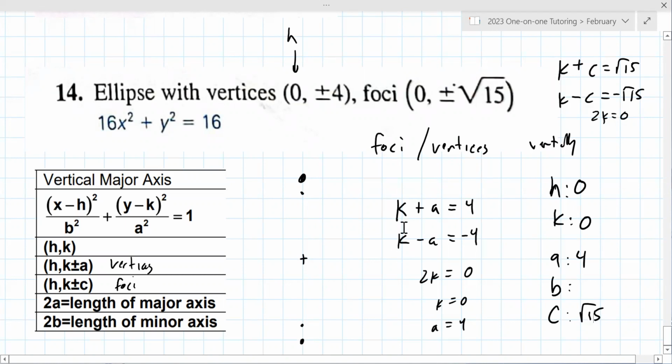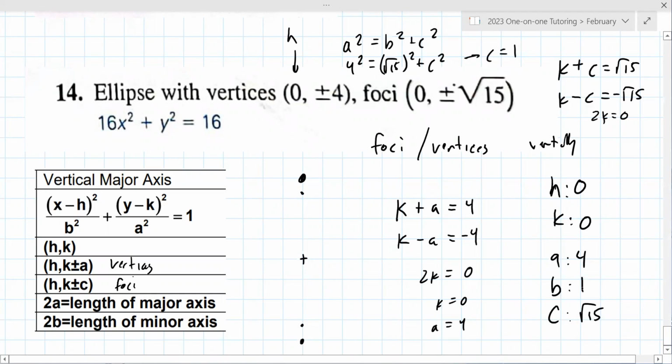Oh, okay. From here, you use the relationship that a squared equals b squared plus c squared, and you use this to find b in this case. So we have 4 squared equals the square root of 15 squared plus b squared. So you end up finding that b equals 1.